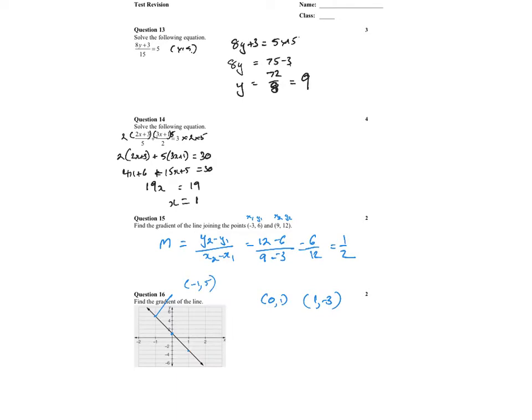But it doesn't matter. I'm going to pick those 2 points and use the same rule as I used above. M is equal to y2 minus y1 over x2 minus x1, which is negative 4 over 1, which equals negative 4, which seems reasonable, because we've got a negative gradient. I've got a negative slope there, so a negative answer seems reasonable. Okay.